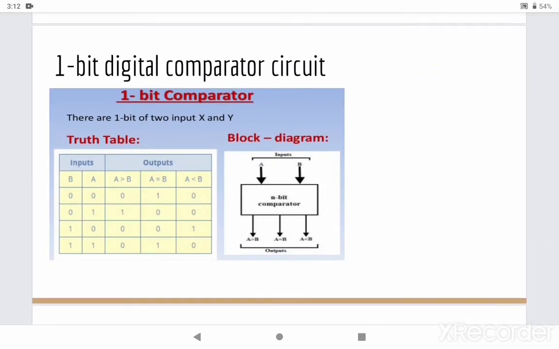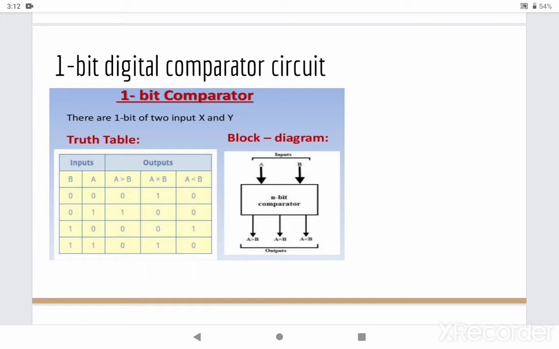Then we can talk about the 1-bit digital comparator circuit. In this case you can see there are 2 inputs, X and Y, each of 1 bit. You can see the block diagram on the right side of our diagram.